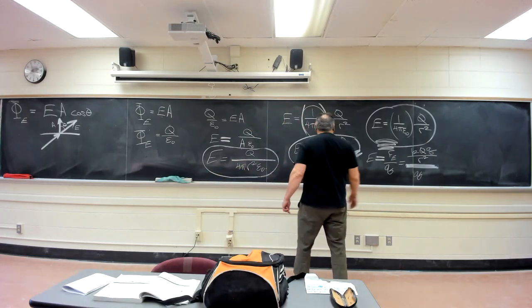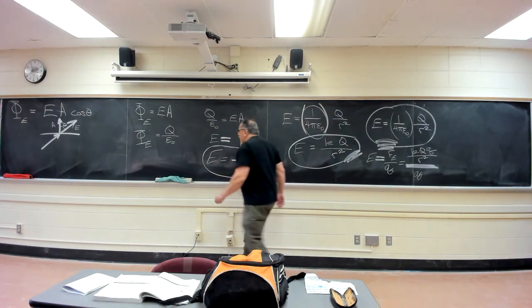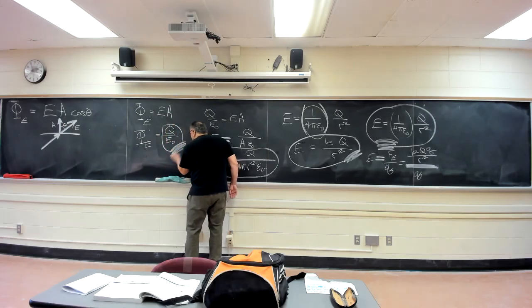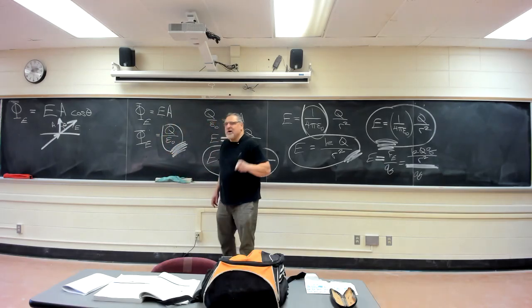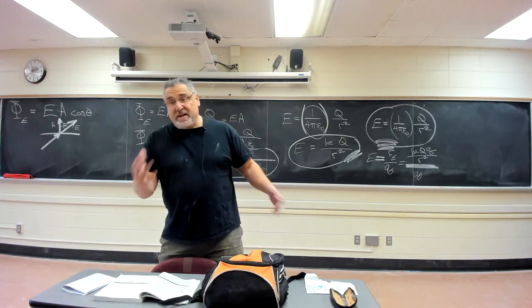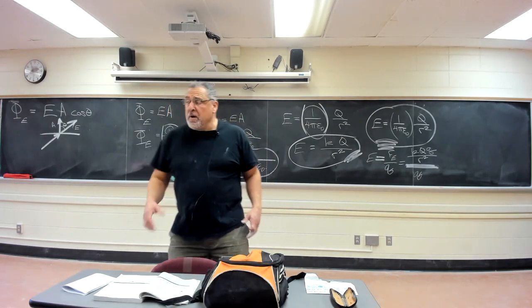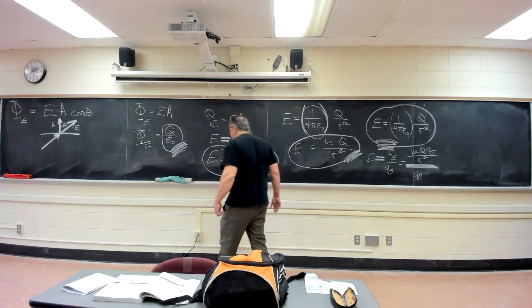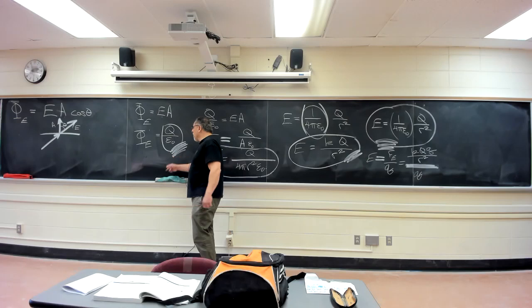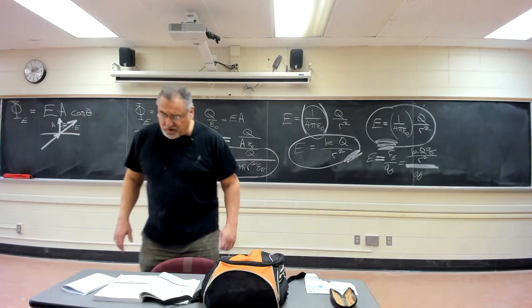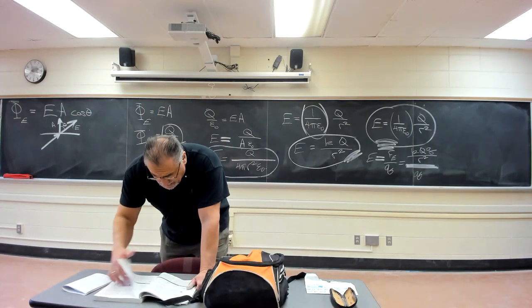They wrote it with small q, but the electric flux through any arbitrary surface does not have to be that imaginary sphere. It makes it a lot easier if we look at it with the imaginary sphere, but let's say we cannot. The electric flux through any arbitrary surface is always going to be this. Any arbitrary surface. Does not have to be the sphere that we talked about. Okay.